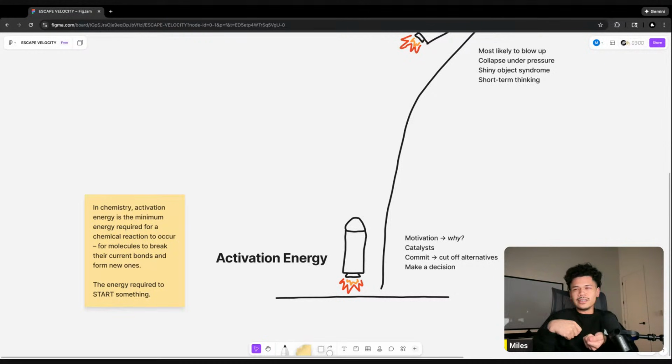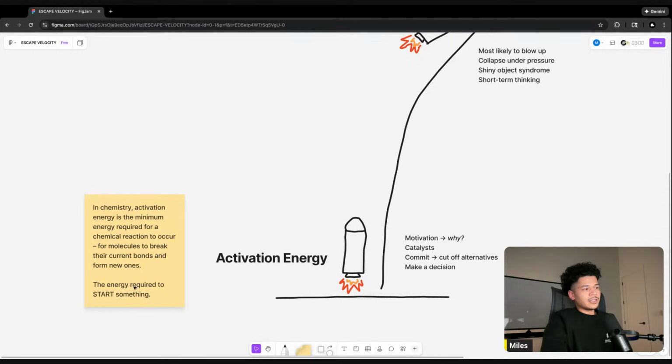If you go really slow, nothing happens, right? You're not striking it with enough energy. But when you strike the matchbox in just the right way, you create just enough friction with enough force and enough speed, right? Then the match ignites. That's activation energy, the minimum energy required for that to happen, right?